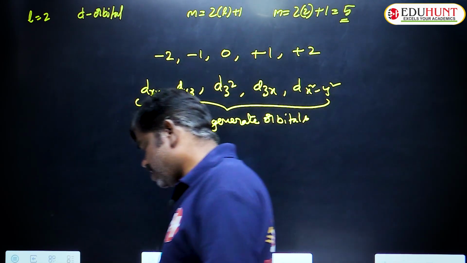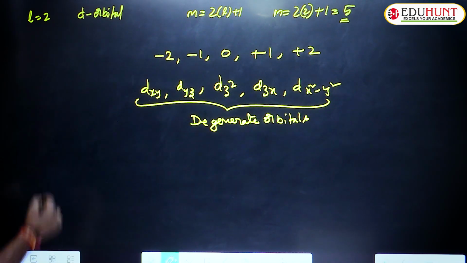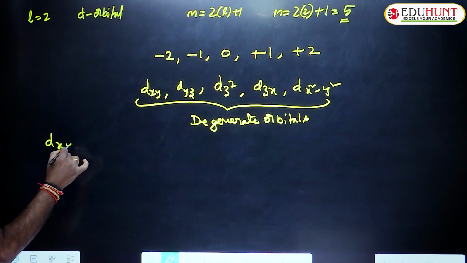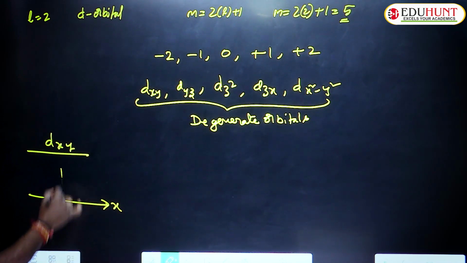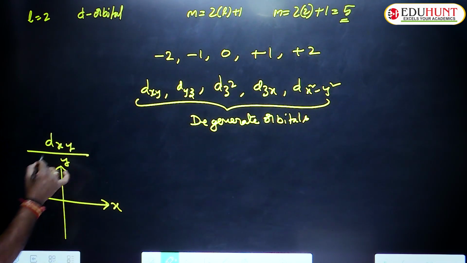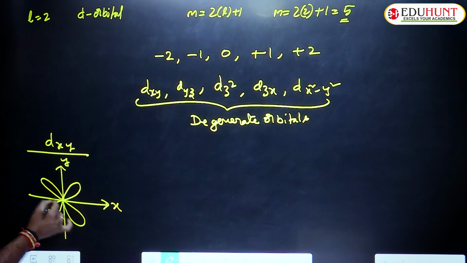Now I will draw the shapes of the orbitals. For example, if we take dxy, observe, we know the x-axis and y-axis. According to this, dxy means the orbital is present between the x and y axes, not on the axis. This is called dxy.